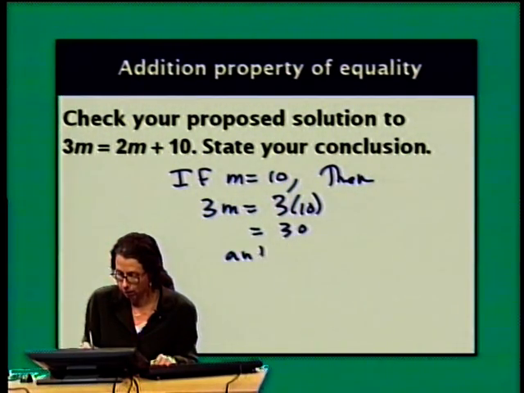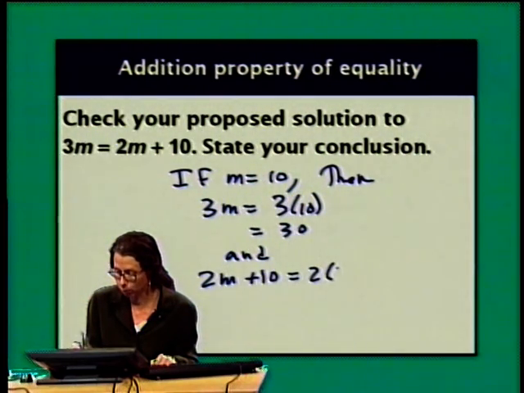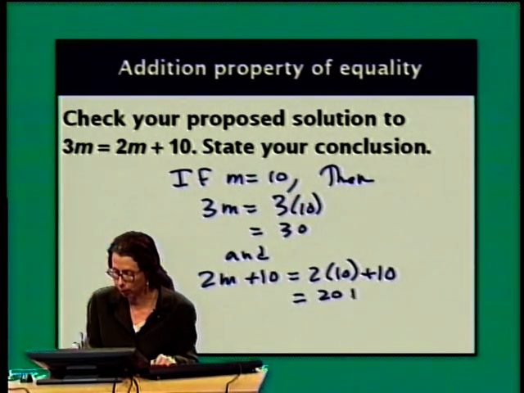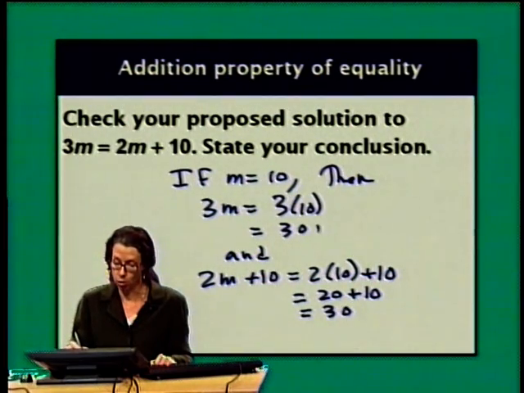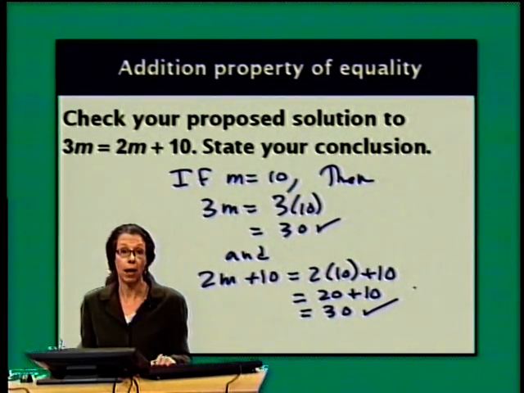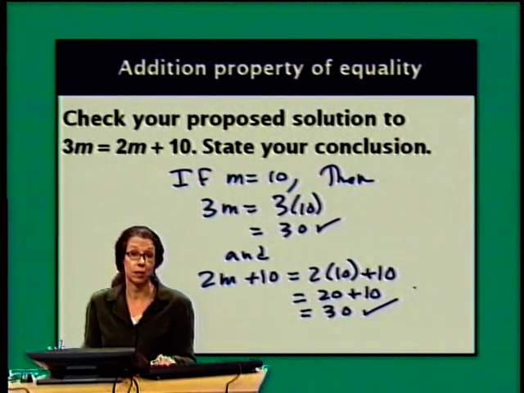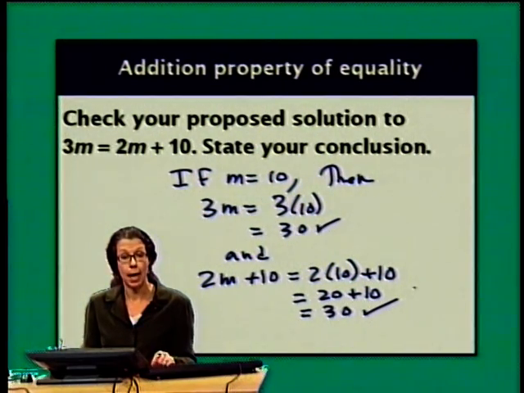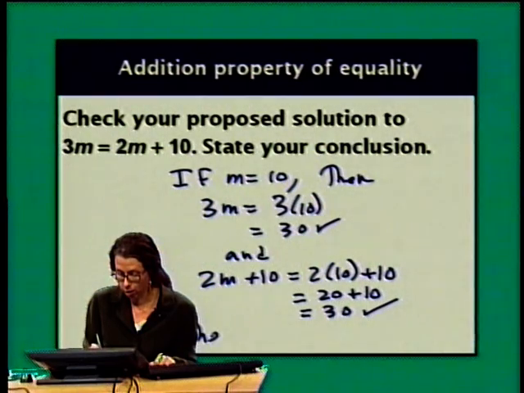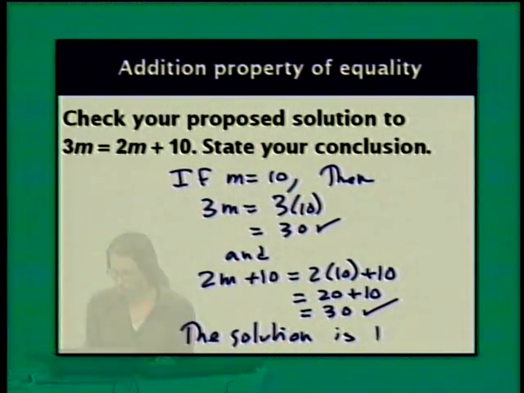And 2m plus 10 equals 2 times 10 plus 10, which is 20 plus 10, which equals 30. So the left-hand side and the right-hand side evaluate to the same number when m equals 10. So we have our solution. The solution is 10.